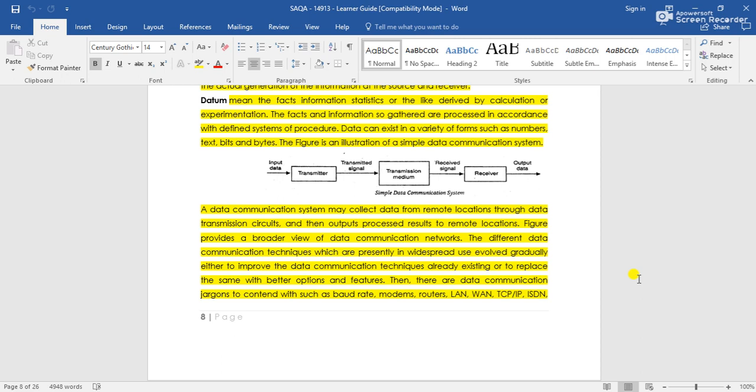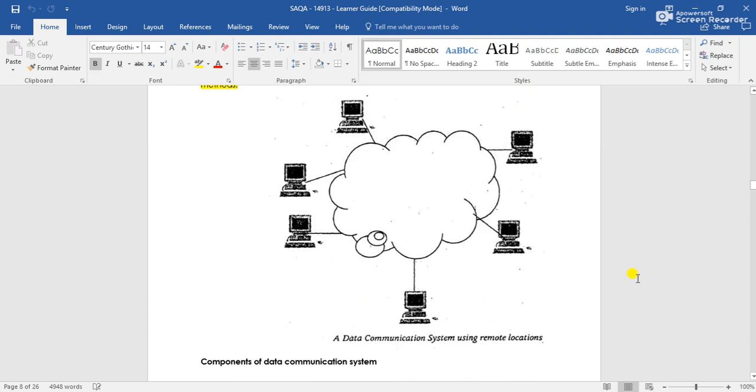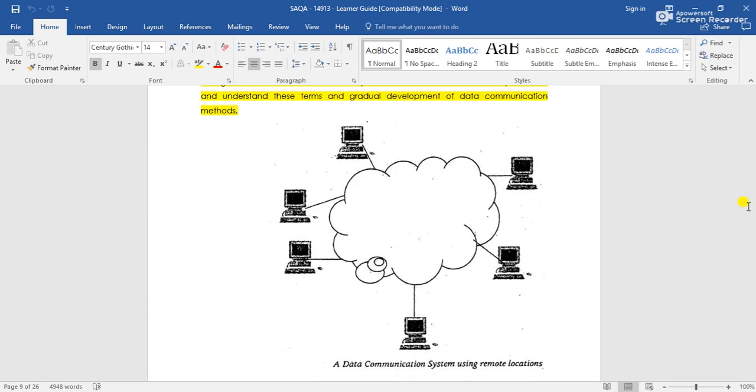Then there are data communication jargons to contend with, such as baud rate, modems, routers, LAN, WAN, TCP/IP, and ISDN during the selection of communication systems. Hence, it becomes necessary to review and understand these terms and the gradual development of data communication methods. This is just an illustration of a data communication system using remote locations.